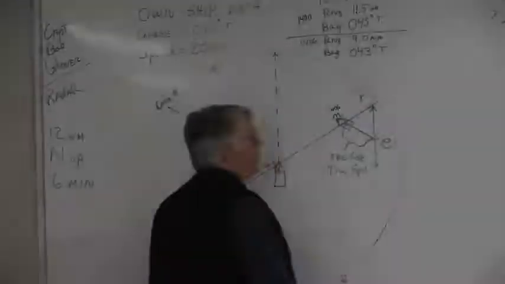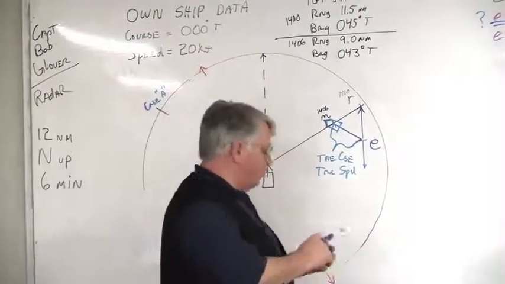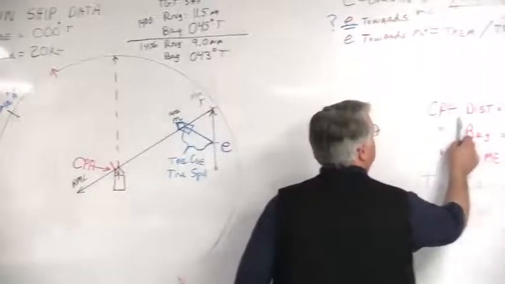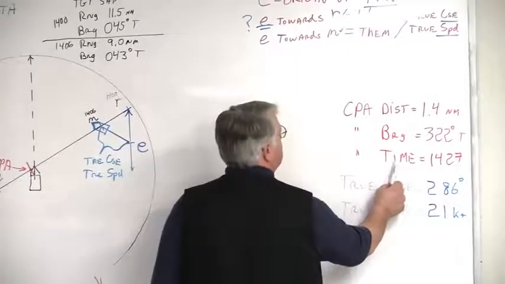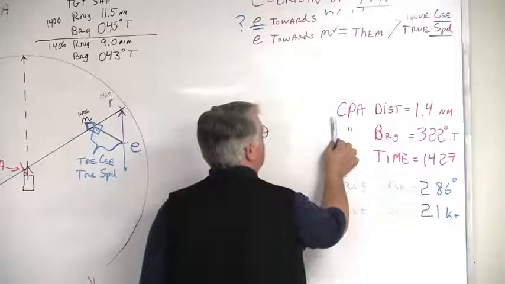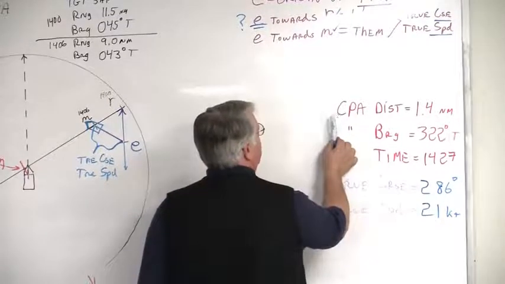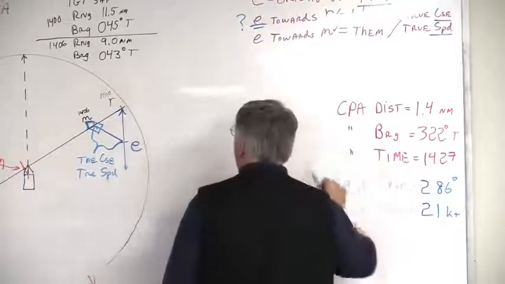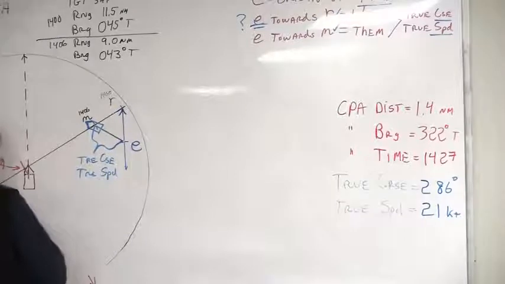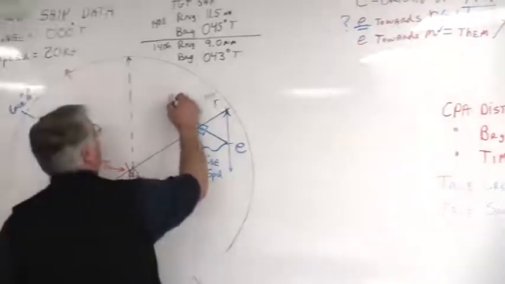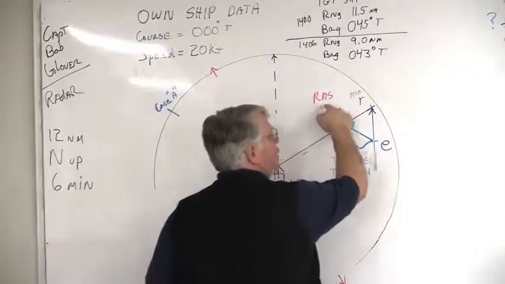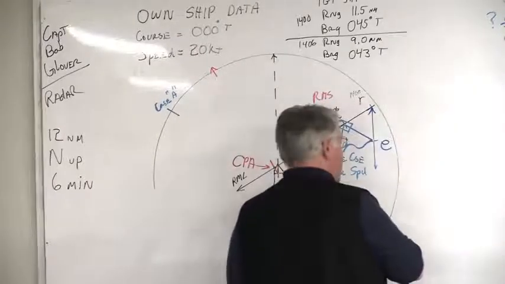Okay? Now, I want to review and back up a minute. Remember that I've asked you to establish the time of CPA up here. And we do that on purpose because when you're establishing the time of CPA, the only speed you know of the target ship is the relative motion speed. Remember we established that earlier this morning? Okay? You have to use relative motion speed in order to determine time of CPA.